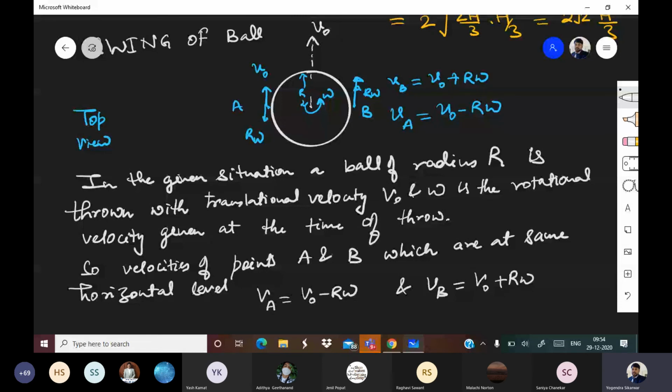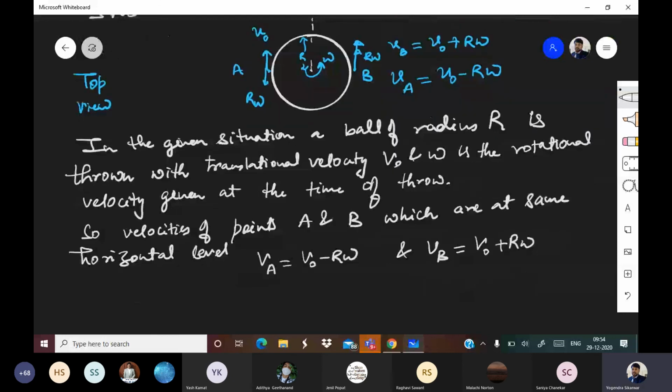V naught is due to translation and R omega is due to rotation. At point B, V naught and R omega are in the same direction, so we are adding them. At point A, V naught is in front and R omega is opposite, so we are subtracting them.